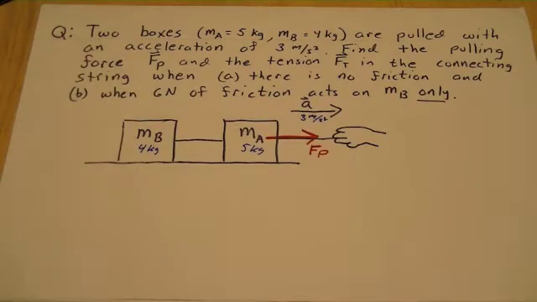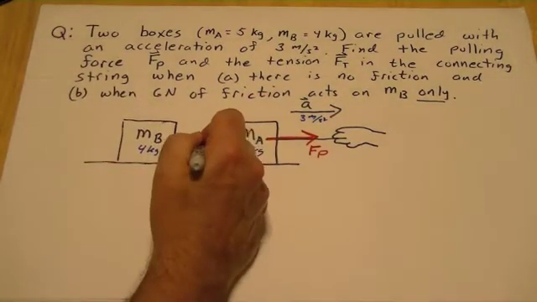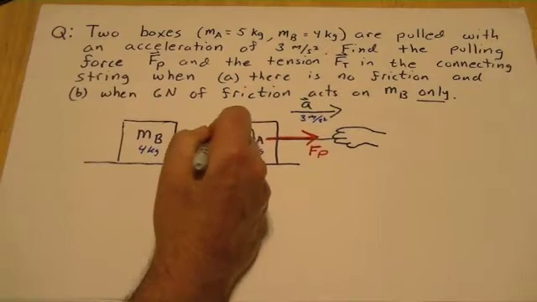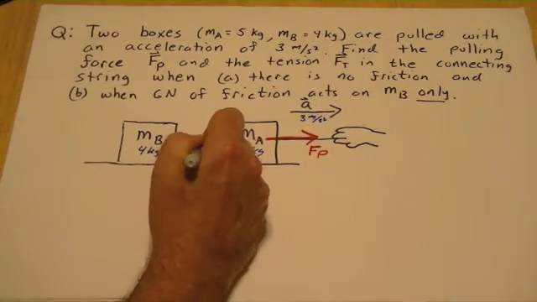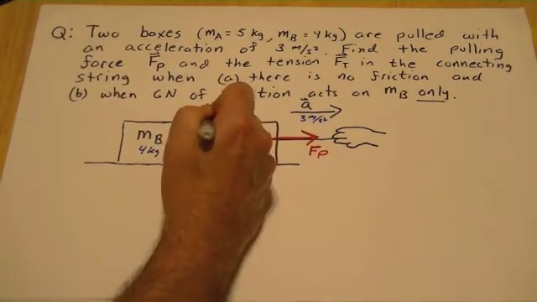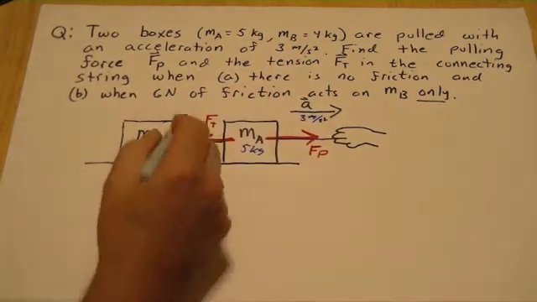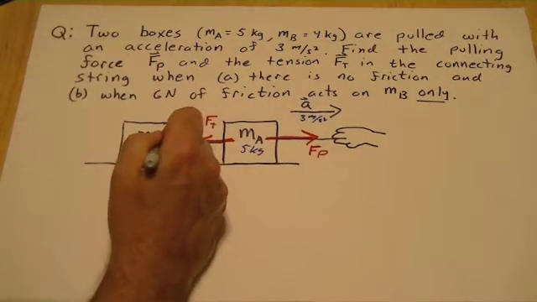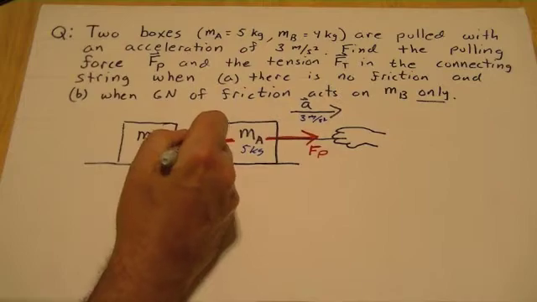Else, the string would actually feel different forces on different parts of the string and it would start to stretch. So whatever tension box A feels here on the connecting string, and I'll call that Ft, box B is going to feel the same tension going in the other direction.